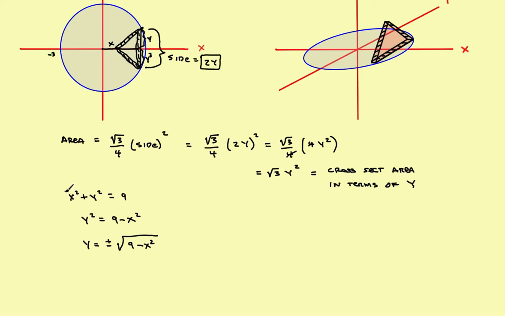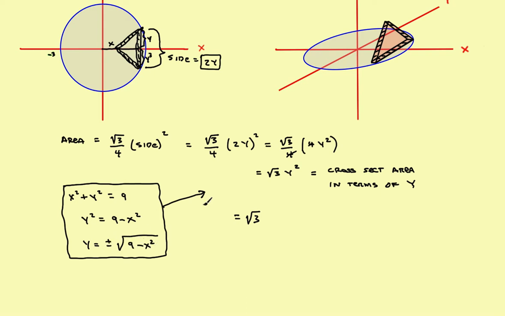If I put a little box around this part right here, this now gives me y in terms of x, and I can use this back over here in this part. So let's go ahead and do the following. Right now I've got the square root of 3, and now I know that y is the square root of 9 minus x squared.